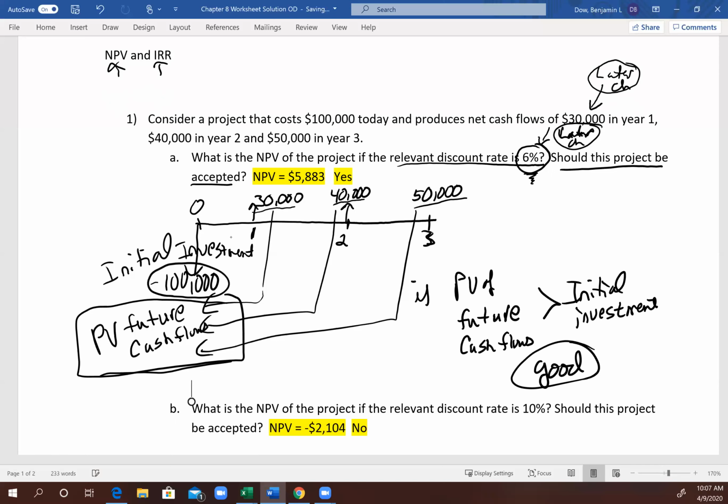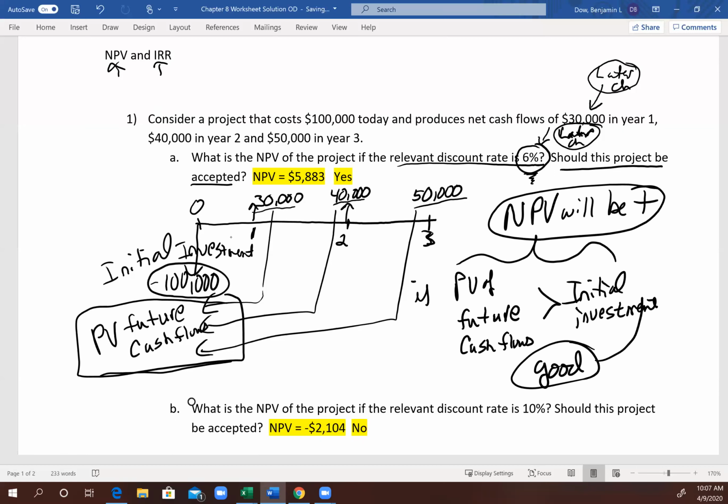In fact, if this is true, something called NPV, or net present value, will be positive.